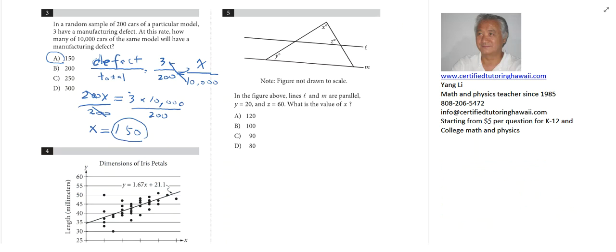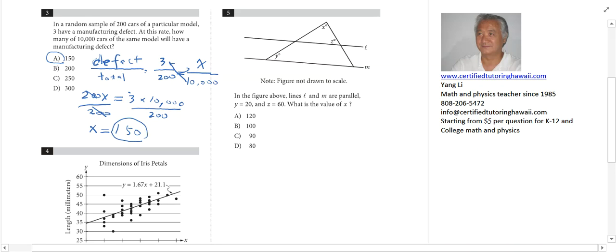Now let's look at number 5. Number 5, they said in the figure above, line L and M, you have 2 lines here, they are parallel, right? So if they're parallel, we call this angle a corresponding angle.